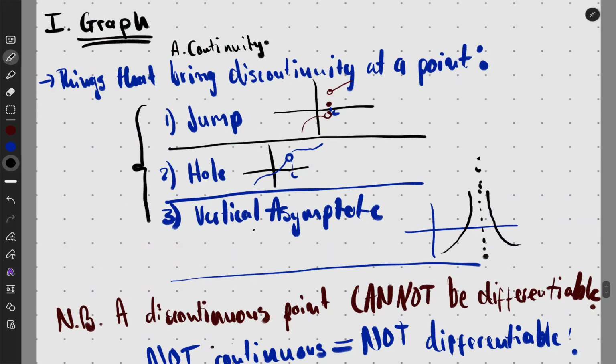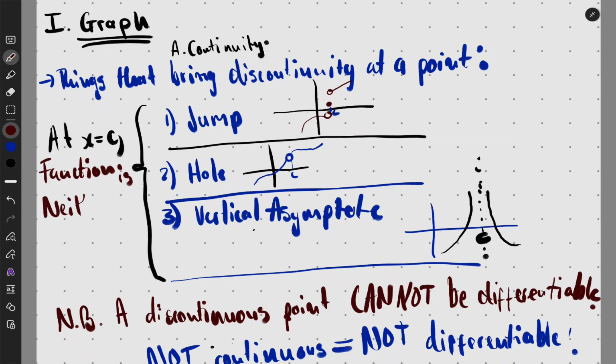So if you meet this point x equal to c here, at this value of c, then you are going to say at x equal to c, the function is neither continuous nor differentiable.